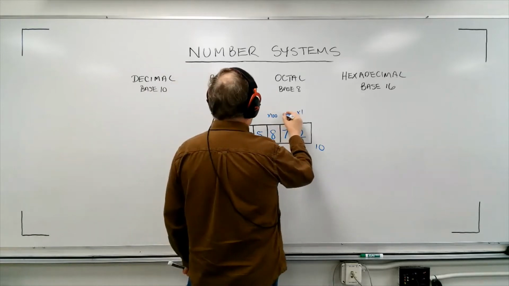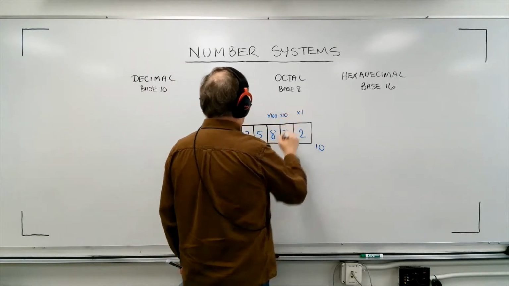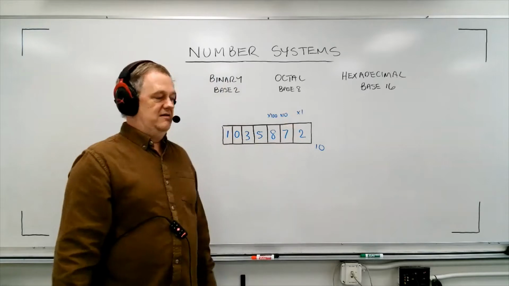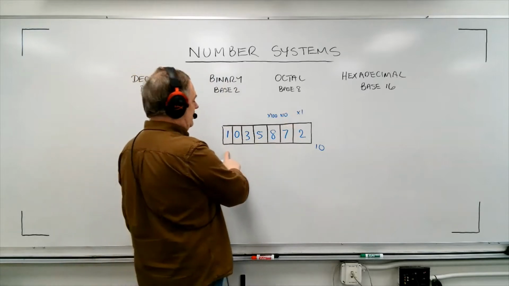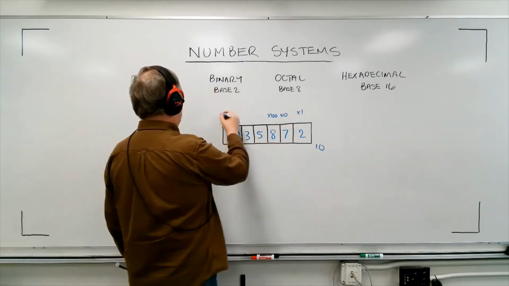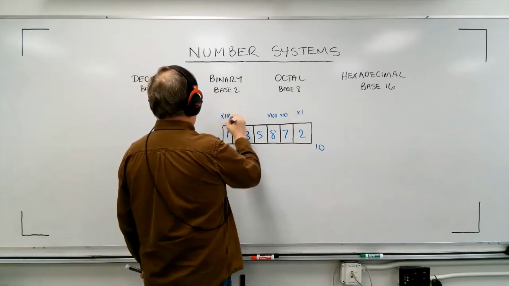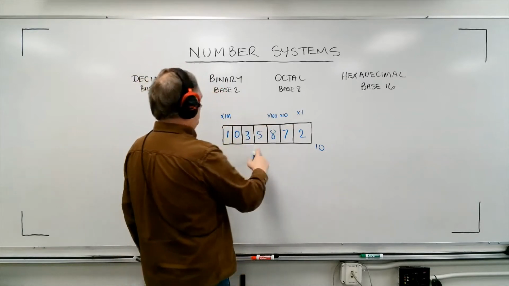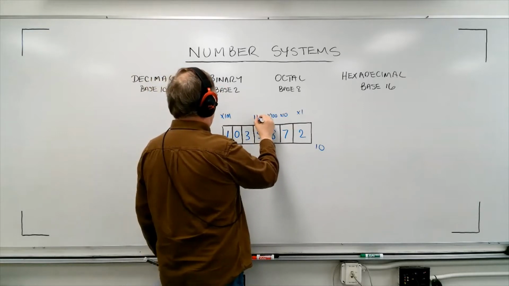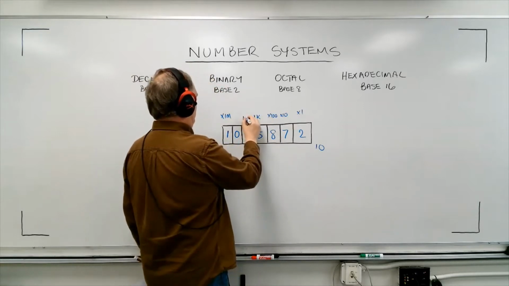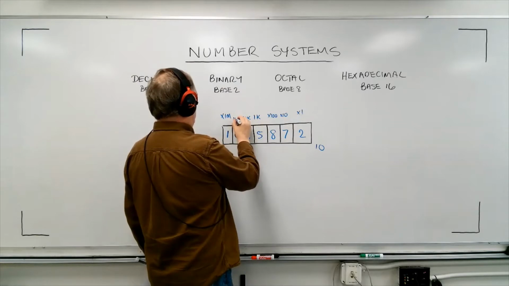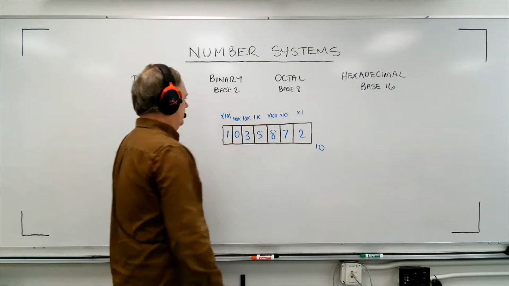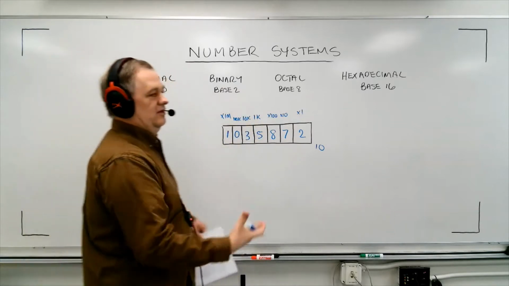The 7 is in the tens place, making the 7 worth 70. The 1 on this end is worth 1,000,000. And so on. This one here is 1,000, 10,000, 100,000. Okay? And so you see the way that we look at it.